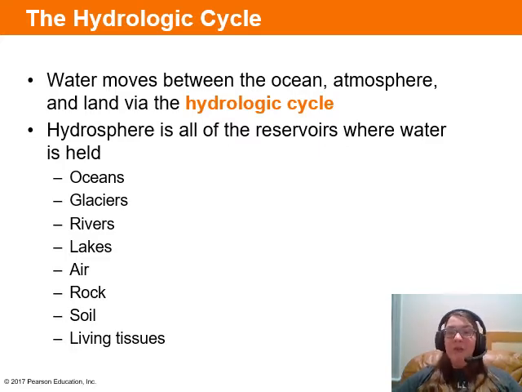So we want to not only find fresh water to drink, we want to find accessible fresh water. That means that we want it to be nearby, and we also want it to be very easy to access, which is a good thing for our third largest reservoir, which are our rivers, which we'll be talking about pretty substantially within this chapter. We've all seen rivers before. It's just water flowing from one area to another.